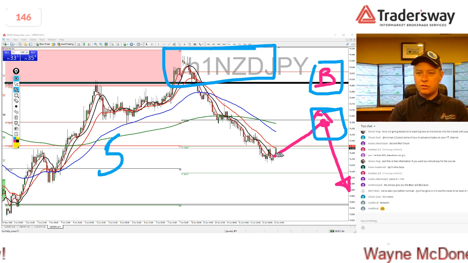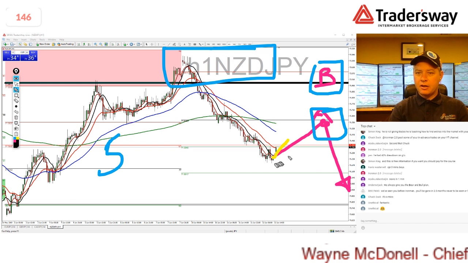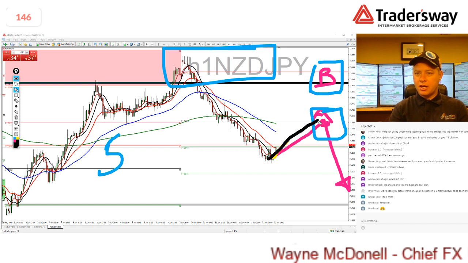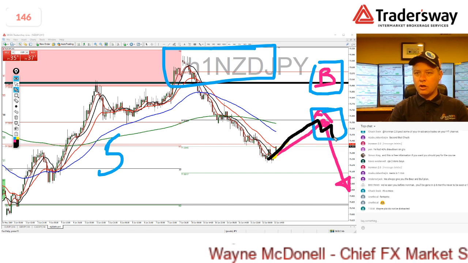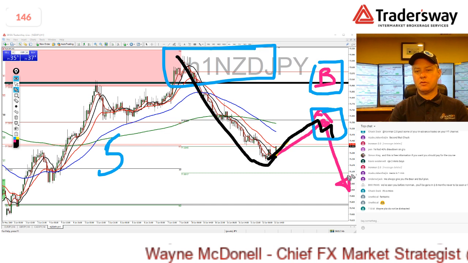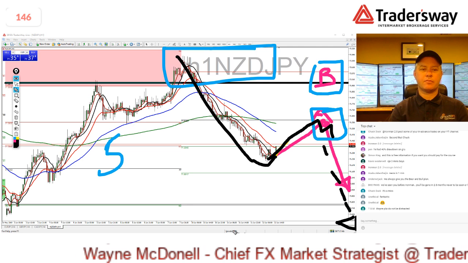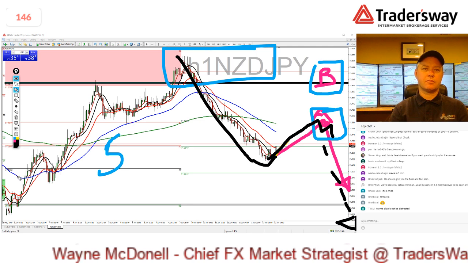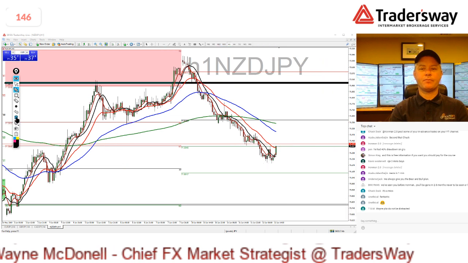So if this goes up to this A area, and we approach this, and then you see a lower high, lower low, you need to be short because that's your trade plan. Simple enough, right?